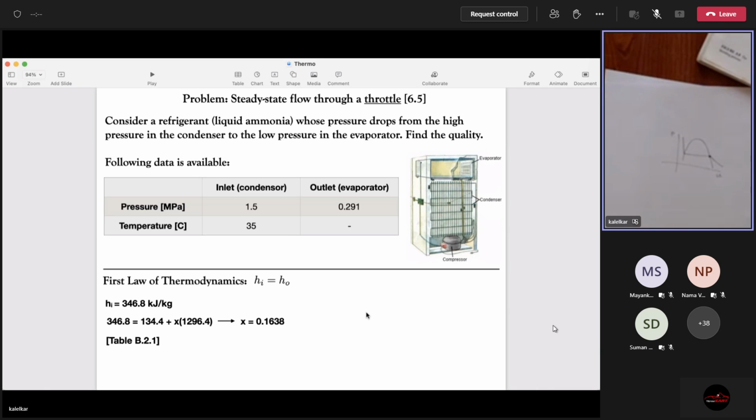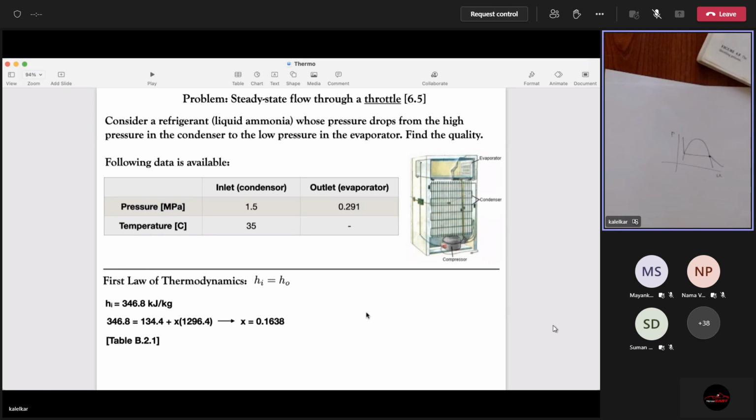So he's taking 346.8 kilojoule per kilogram as the inlet enthalpy. But there is a clear mismatch in the data, because 35 degrees Celsius does not have a pressure of 1500 kilopascal. 1500 is somewhere between 35 and 40. Anyway, that's what it does.